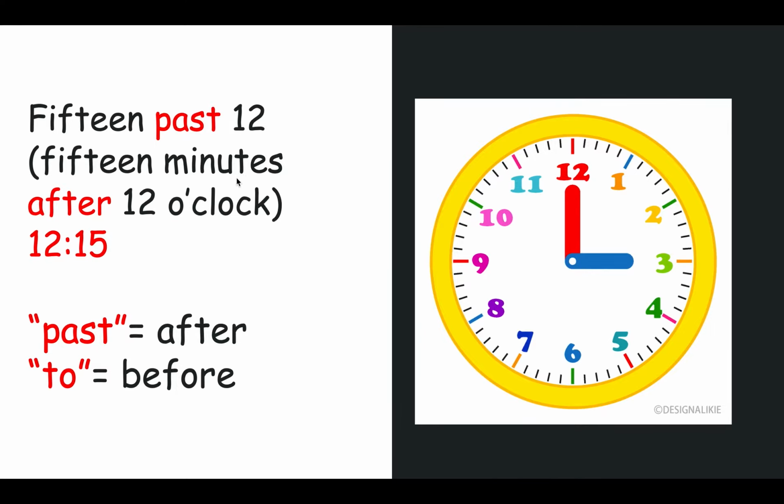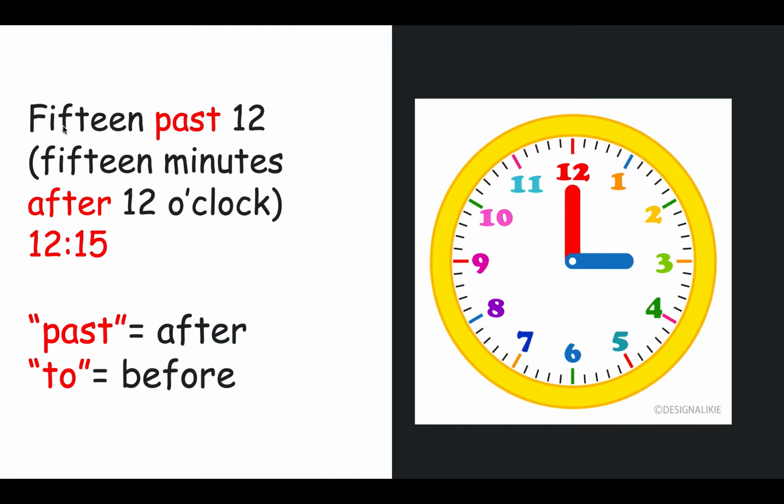What is 15? It's 15 minutes. What is past? Past actually means after. Past means after. And 12 refers to the hour. So it's 12 o'clock, but there are 15 minutes after 12 o'clock.